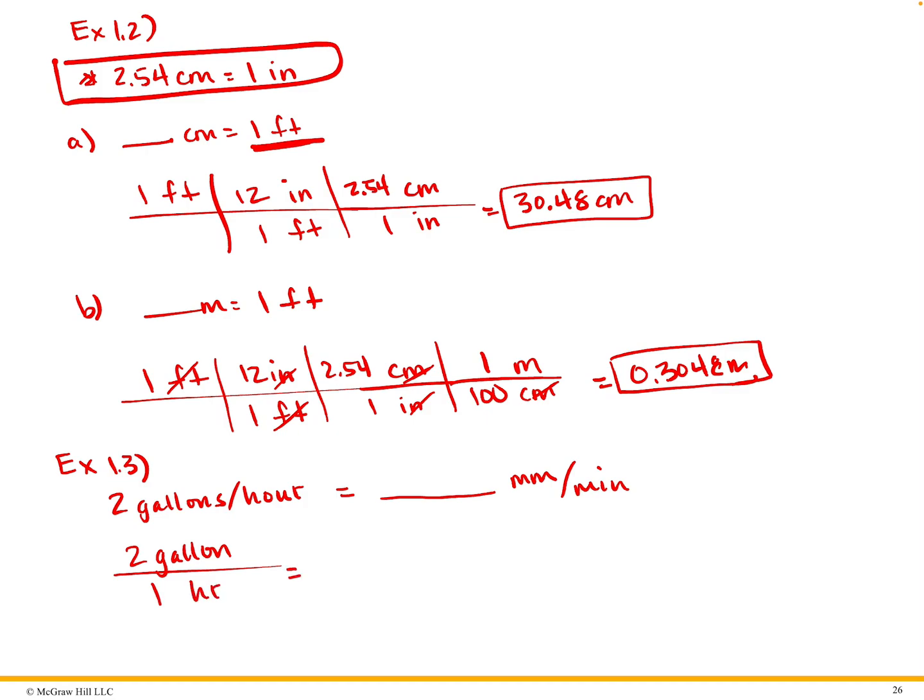Going from hours to minutes is pretty easy, but going from gallons to millimeters is a little bit different than that, so you need a conversion factor again. It's going to give us 1 gallon is equal to 3.786 liters.